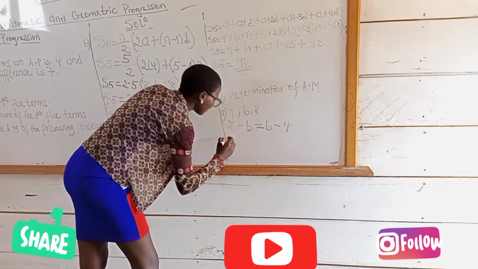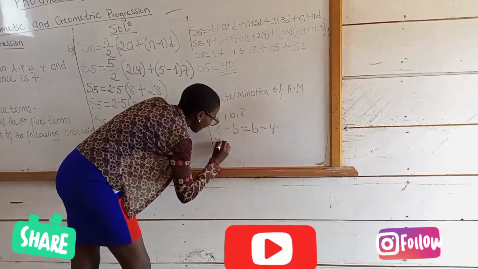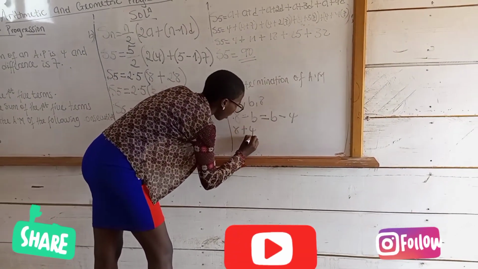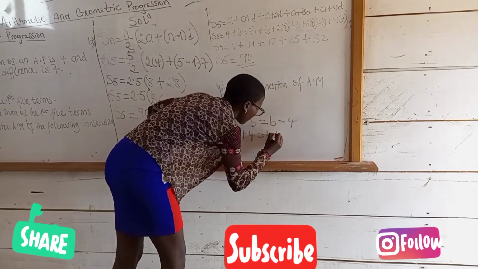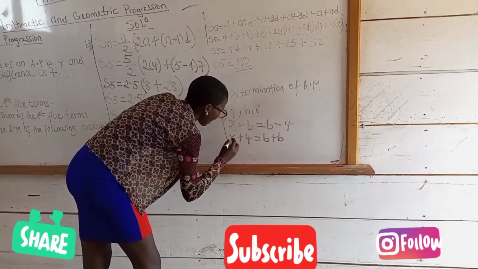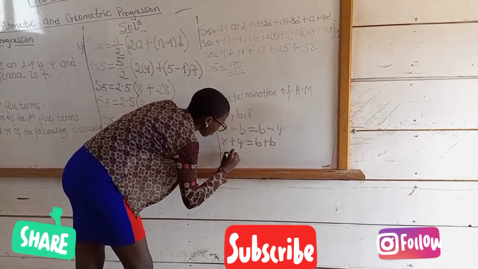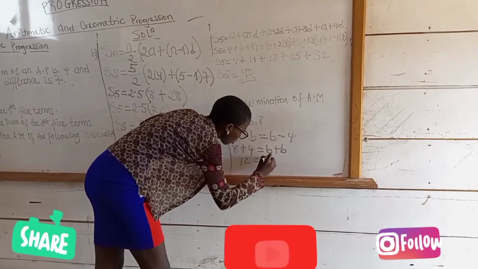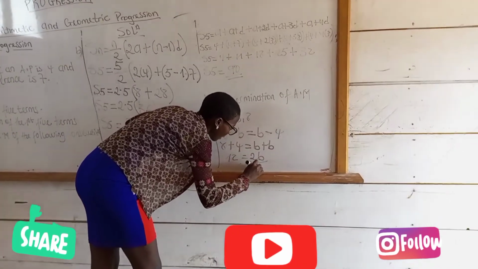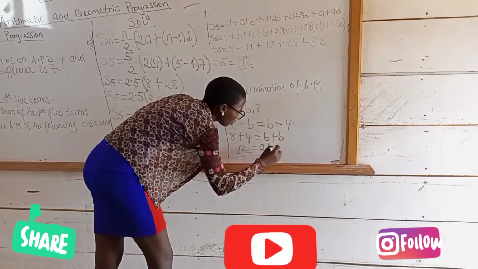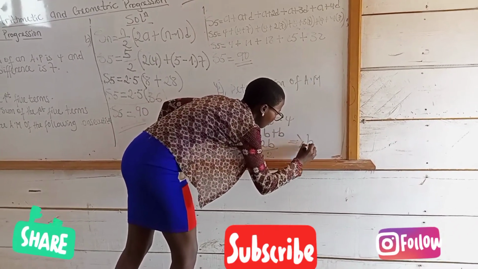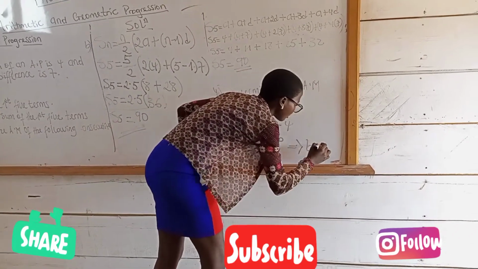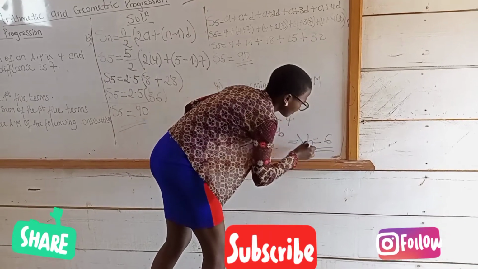We send this 8 this side, this 4 this side: 8 plus 4 is equal to B plus B. Then 8 plus 4 is 12, equal to 2B. We divide both sides by 2, then B is equal to 12 divided by 2, which is 6.